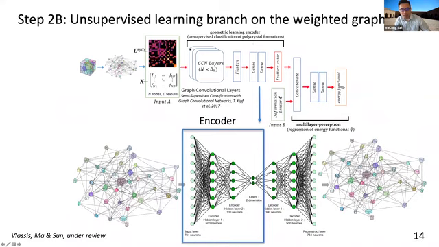This part is an encoder. If you are familiar with the machine learning literature, the encoder is one part of the autoencoder, where we have an encoder and a decoder. In the autoencoder, you input a graph, and what you want to do is reduce the dimensions to the latent space. And then we also want to see whether the decoder can generate the original image.